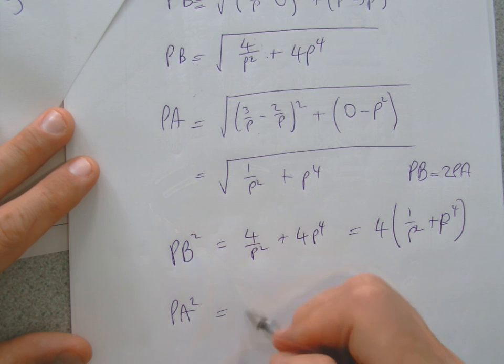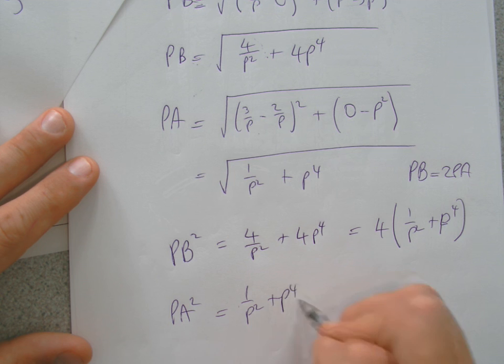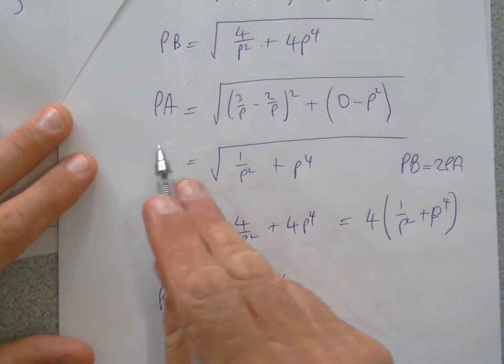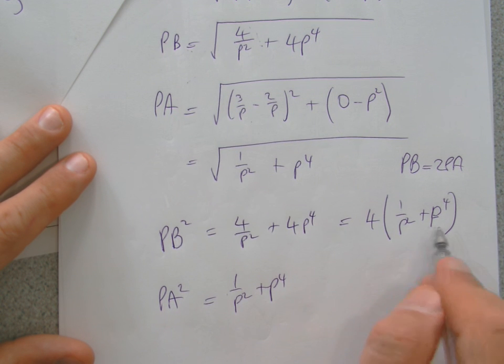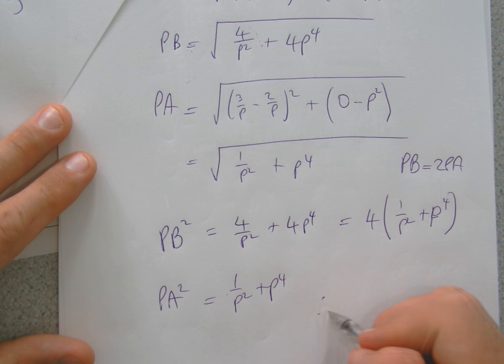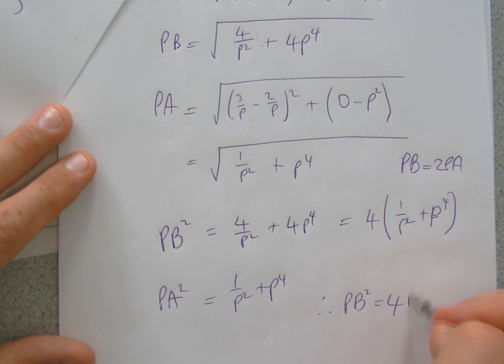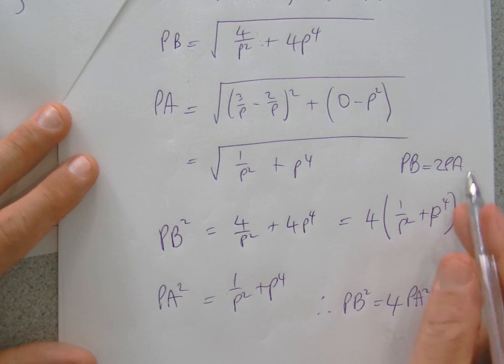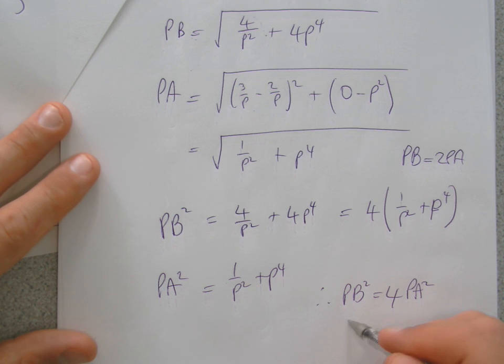I want you to notice that when you take out the factor, look at that there, that can go in here, can't it? So therefore PB squared equals 4 times PA squared. And then of course, because you've got that true, you could just square root everything. So PB equals 2PA.